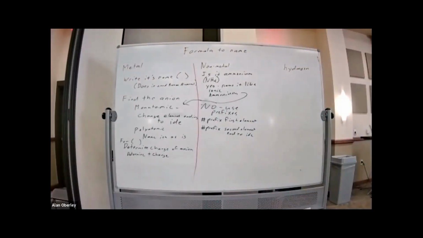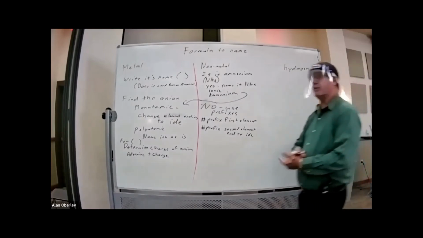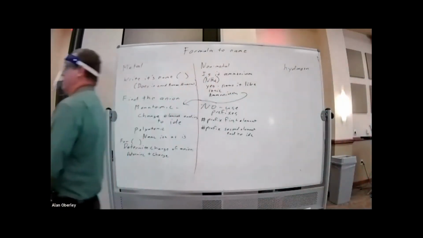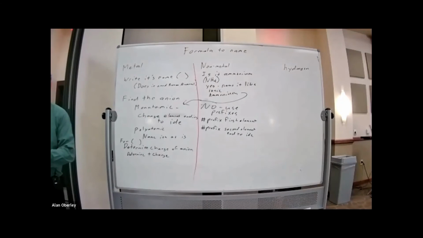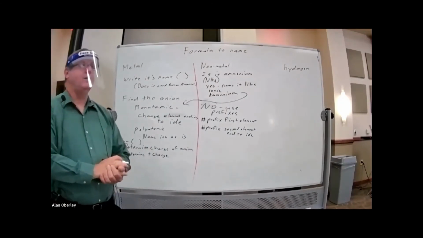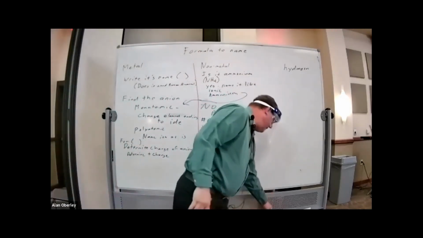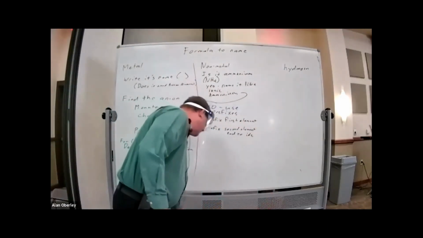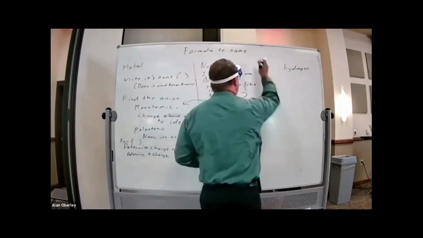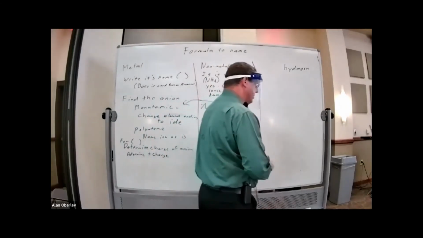Finally, if you look and you see that the first element is a hydrogen, you're like, uh-oh, it's not a metal or a non-metal. Hydrogen actually doesn't fit into either of those categories. Hydrogen can act as both, although technically it's a metal. So when you see this, I want you to count elements.